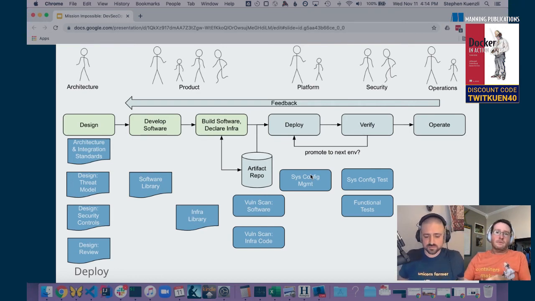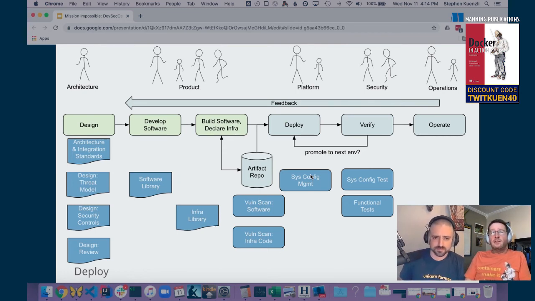And then we can do other things like verify that our configurations are as we expect. So we can check for drift in our system configurations through a number of tools.